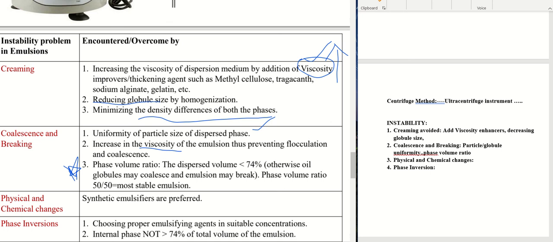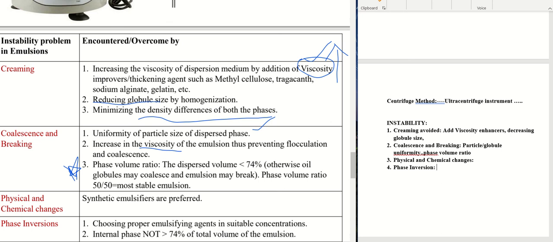This occurs because of improper choice of emulsifying agents, and also improper usage of emulsifying agents in improper concentrations. And also for phase inversion, the major reason is the phase volume ratio. If a proper phase volume ratio is not maintained, it results in phase inversion. You should always make sure that the internal phase and external phase are in equal proportions, 50:50.